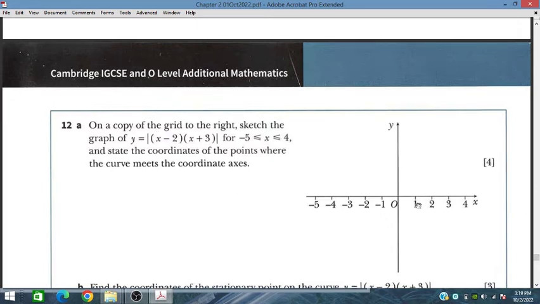So we can see this curve, x is equal to -2, means here we have a point, and here we have -3. This is the point. So we will have a shape like this.